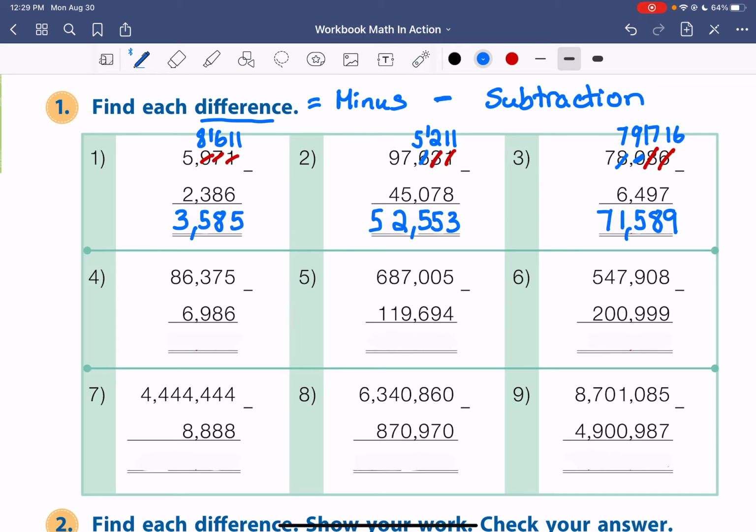So we're going to borrow from the next number. So this is going to turn into a 6. This is going to turn into 15. 15 minus 6, we get 9.